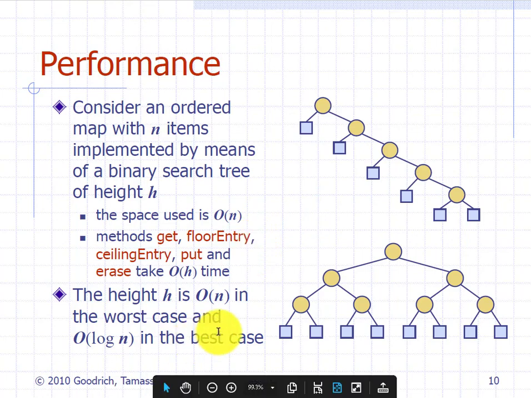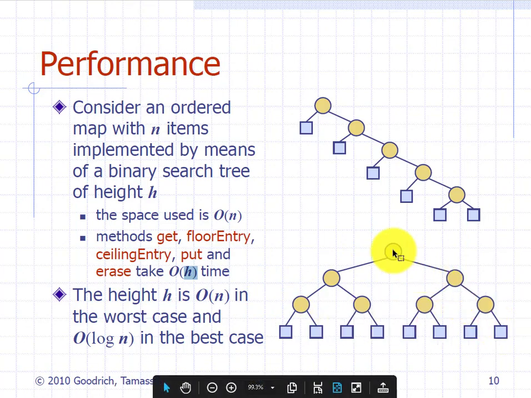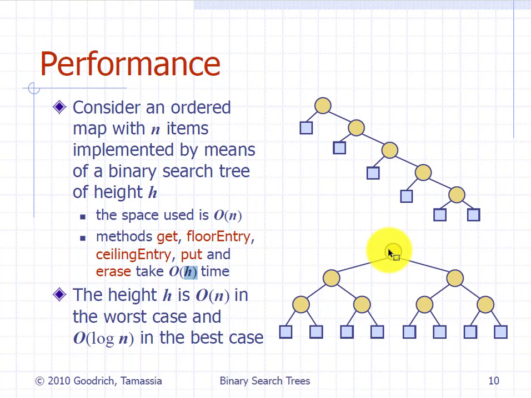We found in the last lecture that the height of the tree dictated the complexity of the methods for the tree. However, if we had some mechanism to keep the tree balanced, we would find significant computational savings, because a balanced binary search tree will allow us to retrieve items in log base 2 of n.